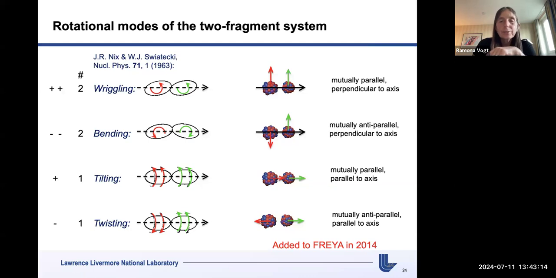In bending, they're moving in opposite directions of each other perpendicular to the axis. Tilting and twisting are both parallel to the fission axis, and in tilting they're parallel to each other, and in twisting they're opposite to each other.